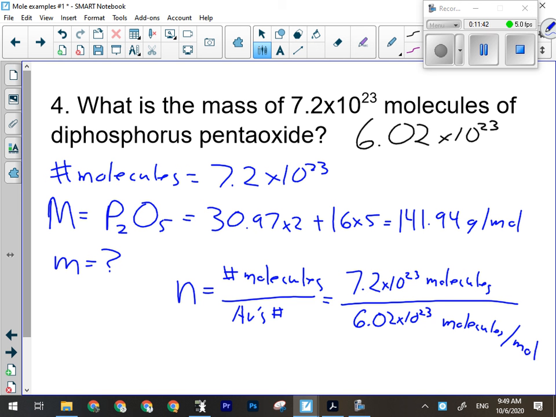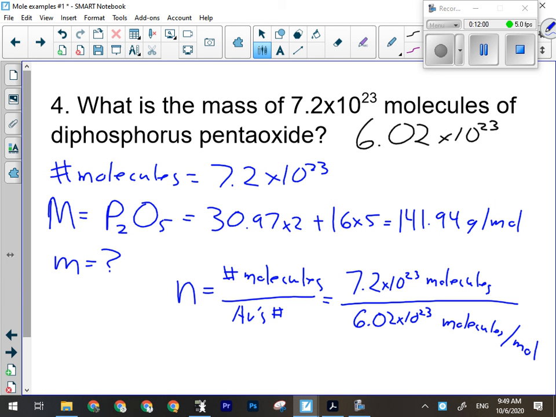We're saying Avogadro's number is the number of molecules in 1 mole, therefore its units would be molecules per mole. So if I divide molecules by molecules per mole, what's going to cancel? Molecules. And I'm going to be left with moles.